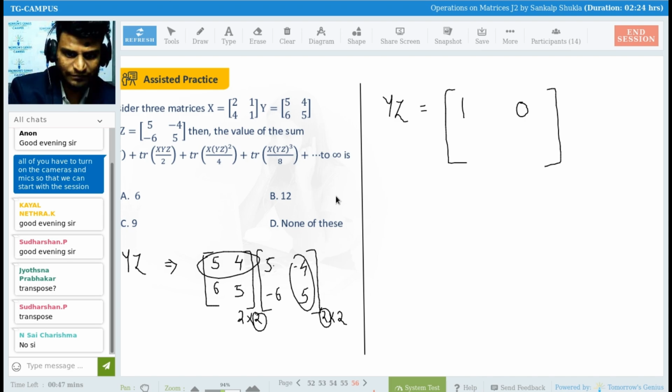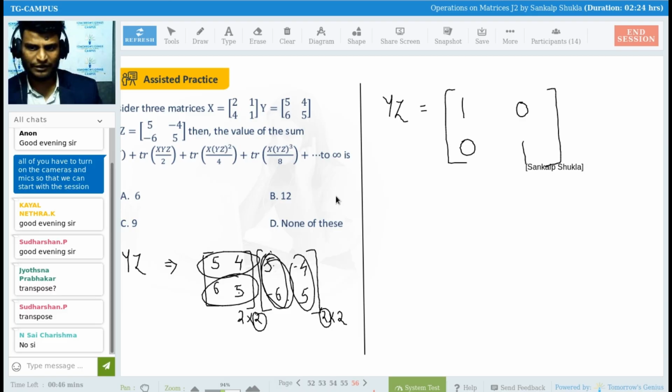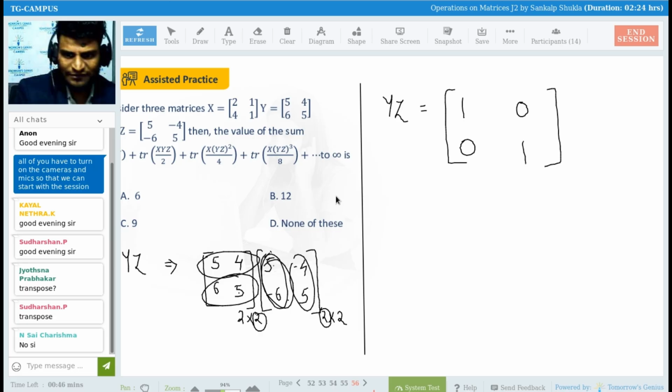Again this one. So 2, 1 will be second row and first column. So 6 into 5 and 5 into minus 6. Again it is 0. And if I ask for 2, 2, it will be second row and second column. So 6 into minus 4 is minus 24, but 5 into 5 is 25. It is plus 1. So here I've got that YZ is nothing but I2.